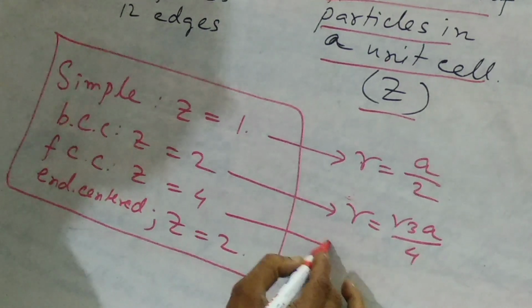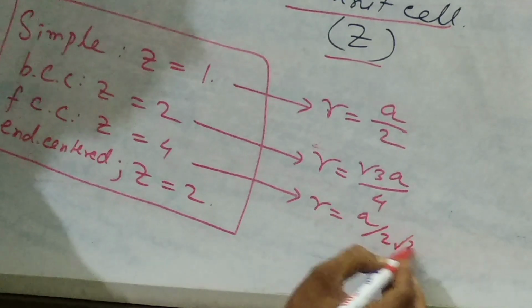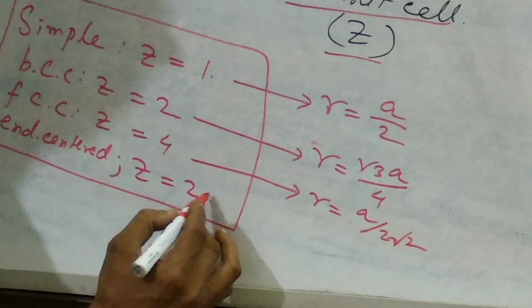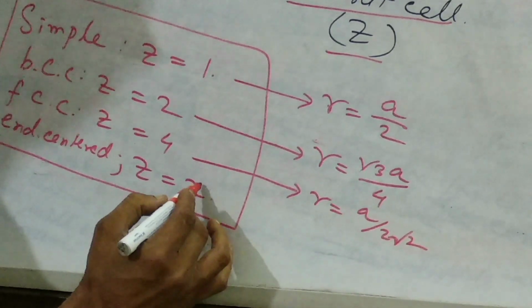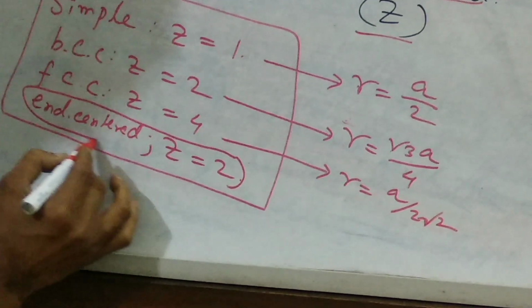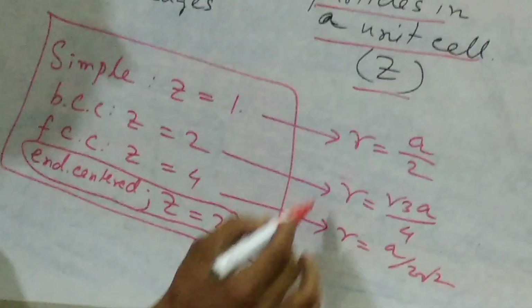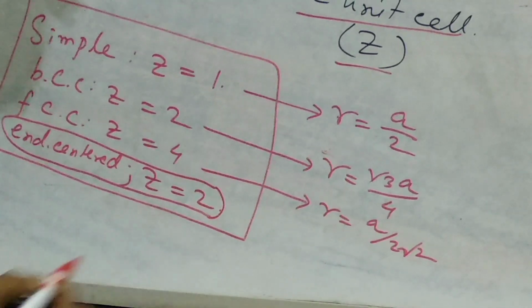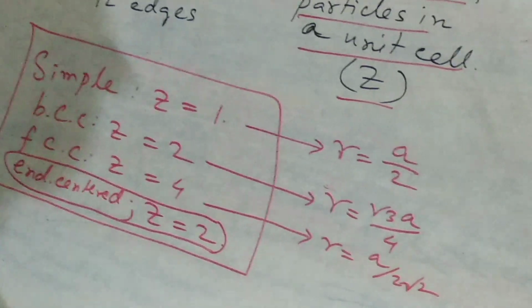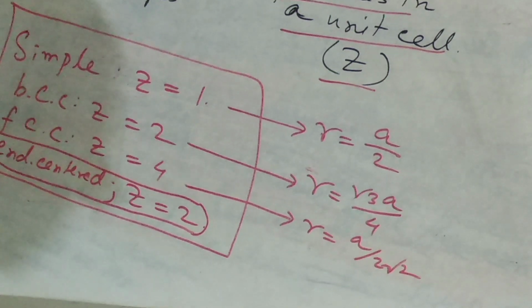For face-centered cubic unit cell, r equals a by 2 root 2. For end-centered cubic unit cell, it is not considered since it is not in our syllabus. So these three relations are to be kept in mind very carefully. And we have to write the packing fraction also. I am coming to the packing fraction in the next phase.